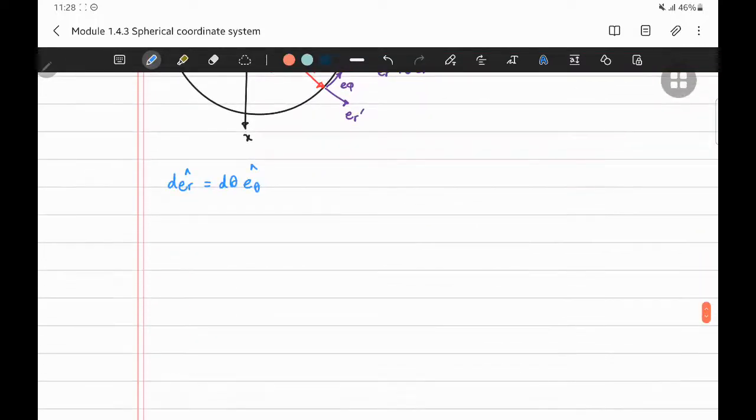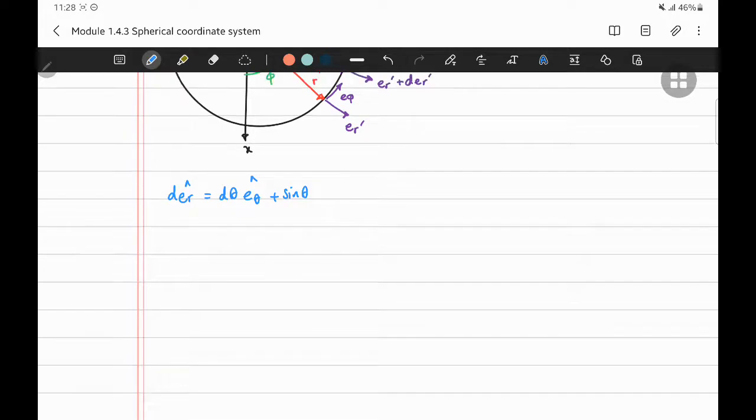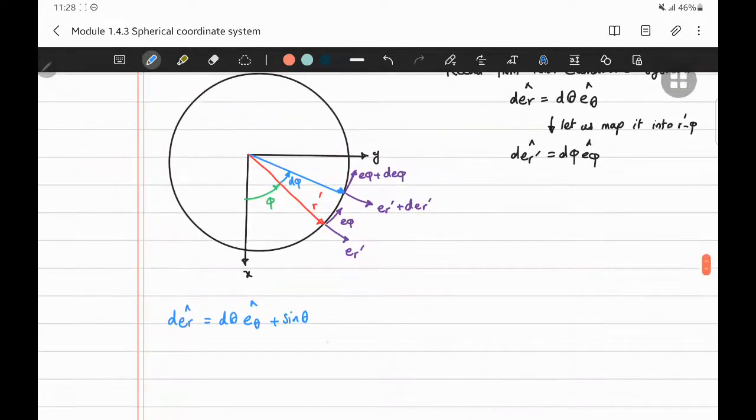So instead of d er prime, from here, I call it, let's say, star. So from star, I have d theta e theta plus sine theta d phi e phi.